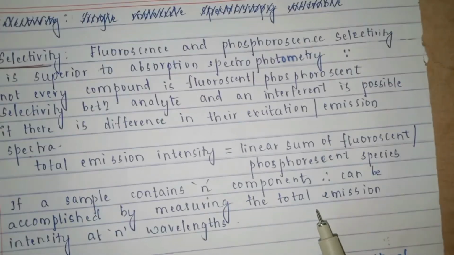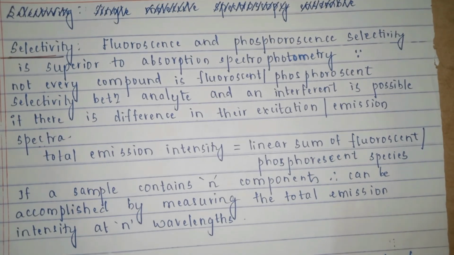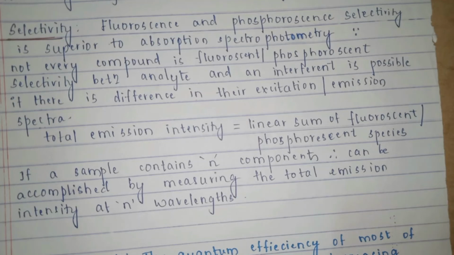How many molecules are going from the ground state to an excited state, and how many of them are returning back with an emission spectrum to give me a fluorescence or phosphorescence phenomenon. Now, for example, if a sample contains n components, this can be accomplished by measuring the total emission intensity at n wavelengths.